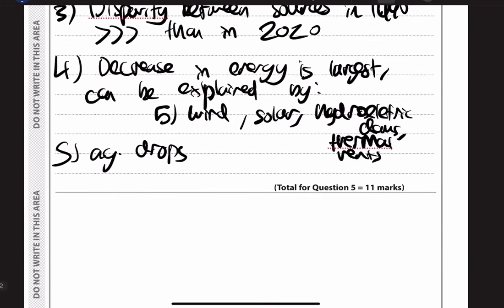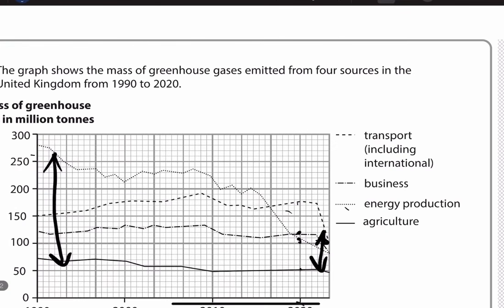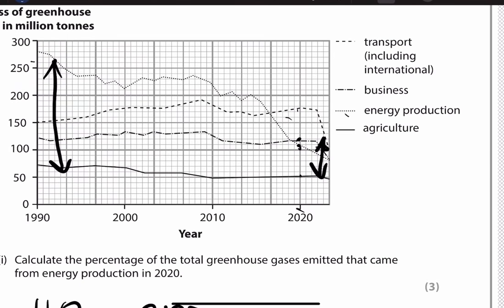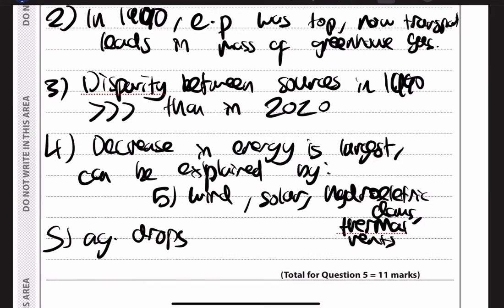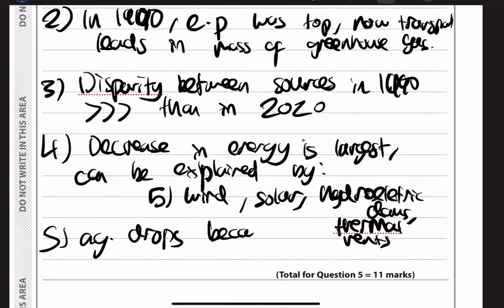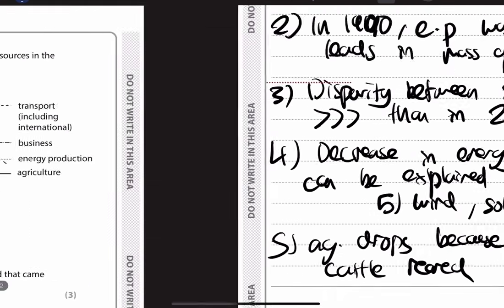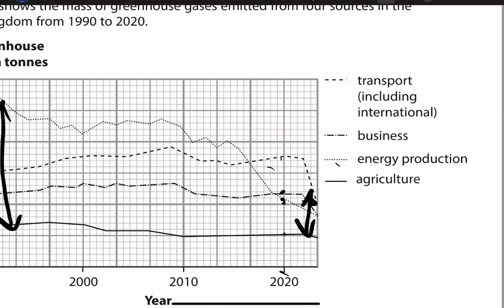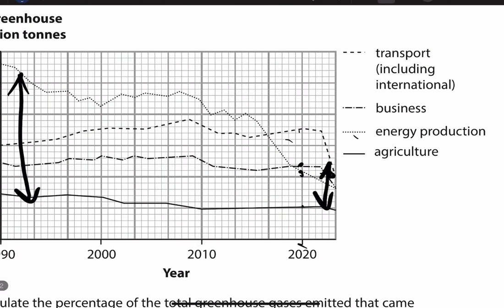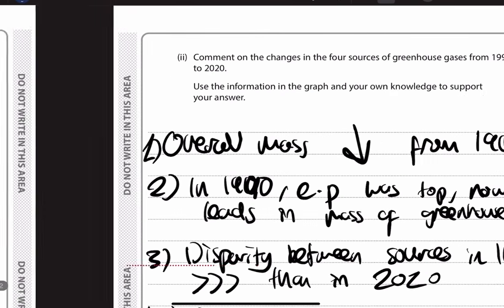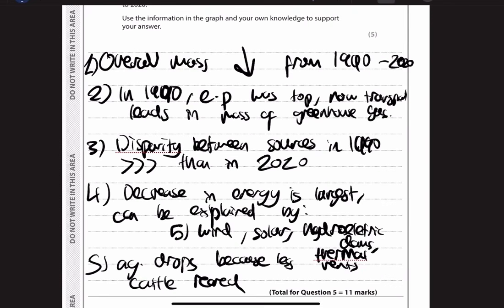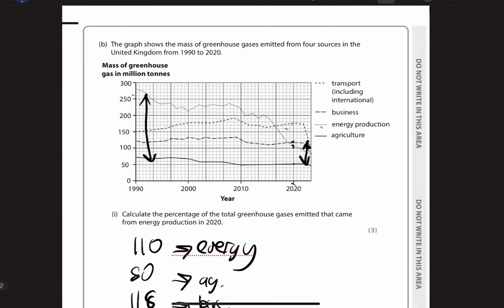In the UK, it's likely true that the country has shifted from the primary sector more to the tertiary and quaternary sectors. So agriculture drops because less cattle are reared. But you could even make the argument that it's not dropping by very much because agriculture is a stable industry. I wouldn't write it right now because we've already gotten enough marks, but it's something to think about.